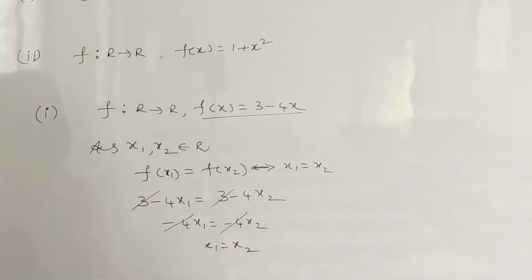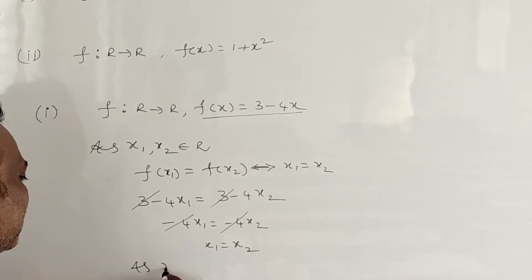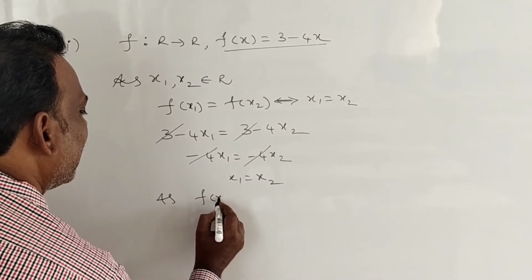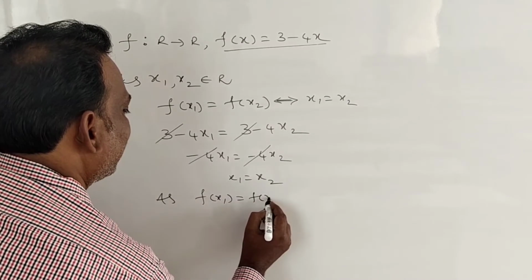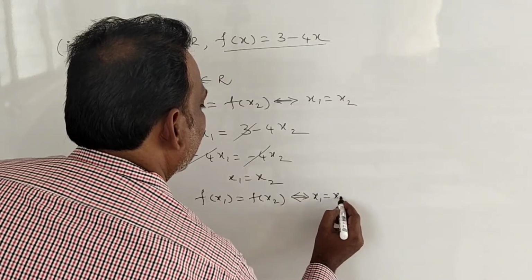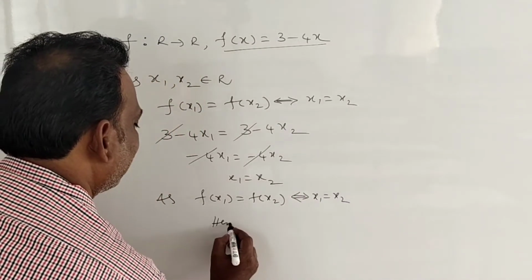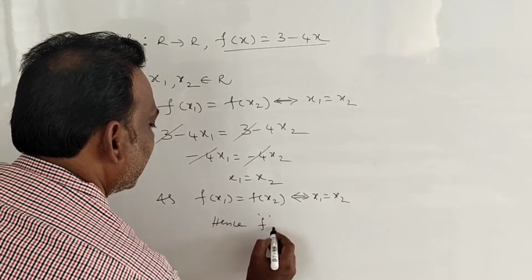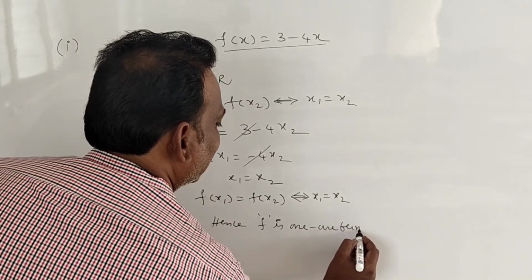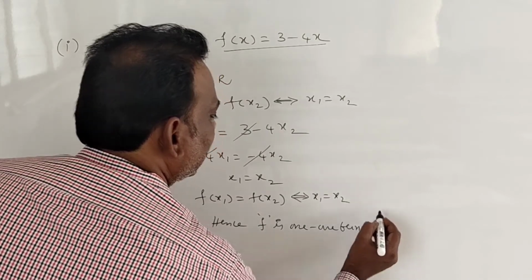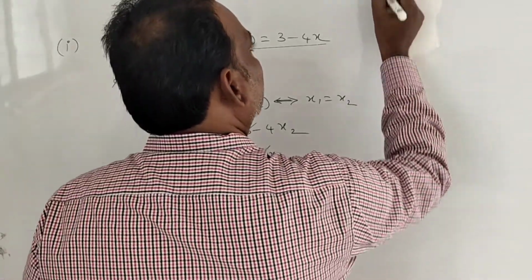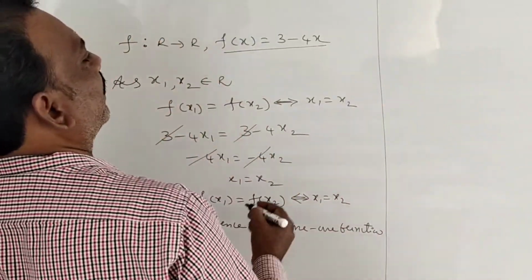So, finally, you can write: f of x1 is equal to f of x2 implies x1 is equal to x2. Hence, f is a one-one function. What is the other name for a one-one function, students? It is an injection.